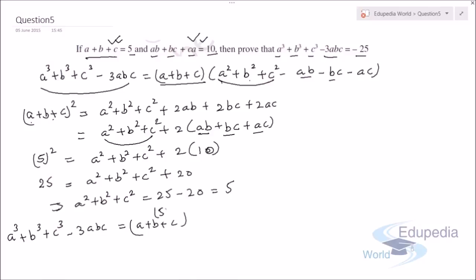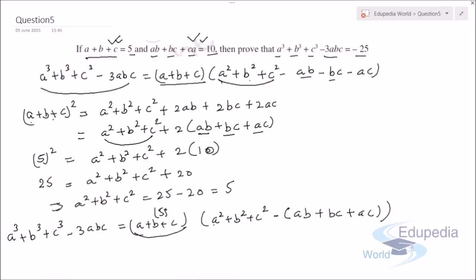So we can write over here into a square plus b square plus c square minus, now we can take minus common over here, so we can write minus ab plus bc plus ac, then bracket close. Now see, we have the value of a plus b plus c as 5.